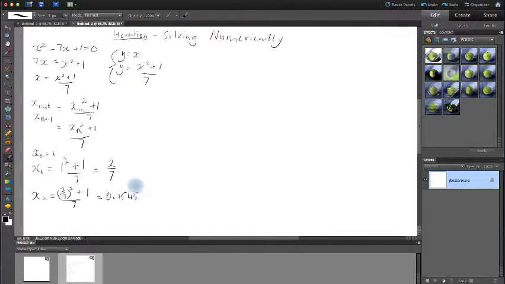I should note that the decimal approximation for 2/7 is 0.2857. Now we're going to do the same thing for x3. So x3 is our previous result, 0.1545 squared plus 1 divided by 7, and the answer is 0.1463.